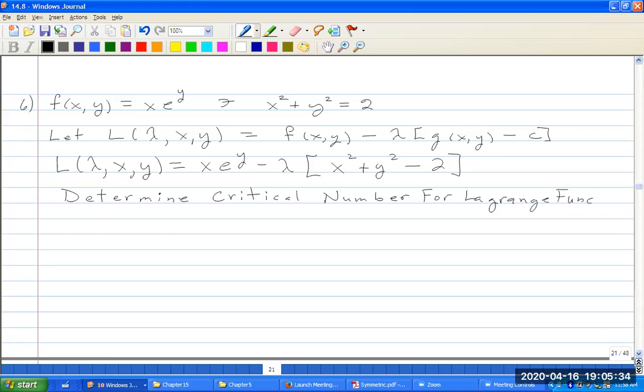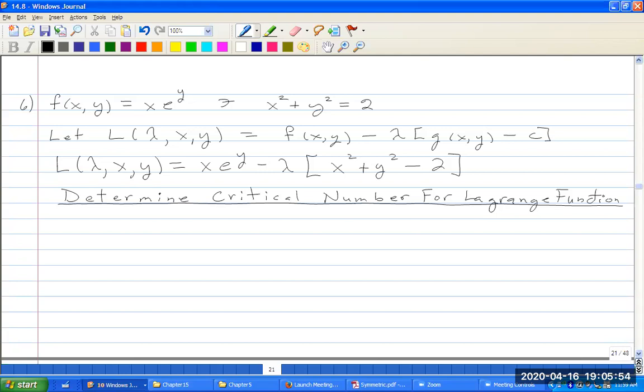So what we have done is, let me recall, in the very last section we did a problem where we're trying to optimize some function.